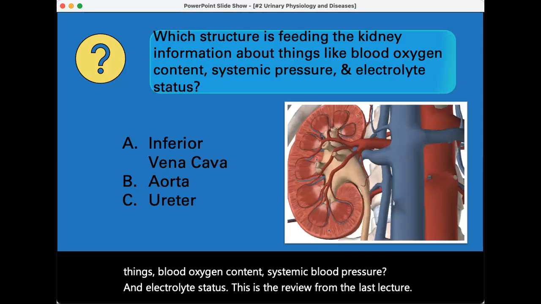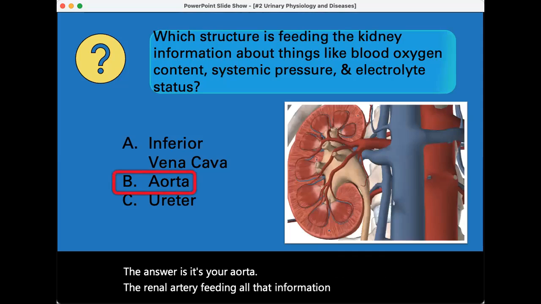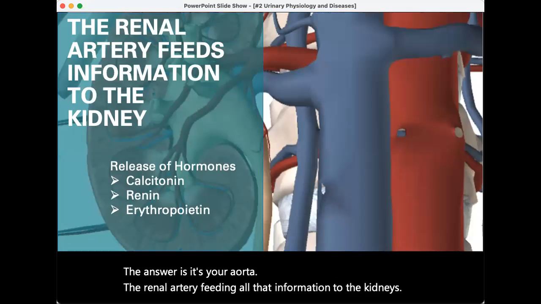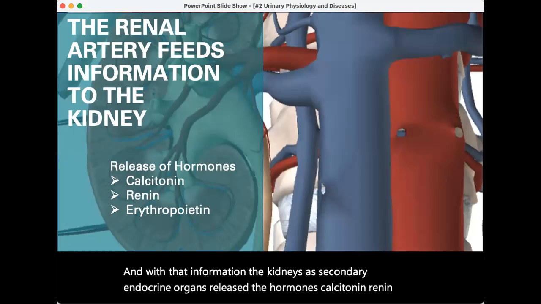The answer is it's your aorta. The aorta, the renal artery, feeding all that information to the kidneys. And with that information, the kidneys, as secondary endocrine organs, release the hormones calcitonin, renin, and erythropoietin.